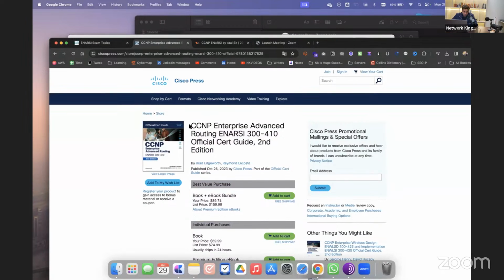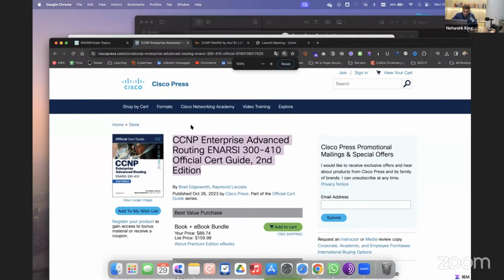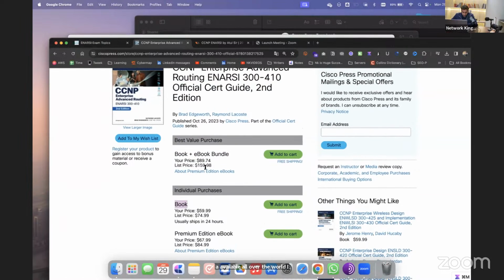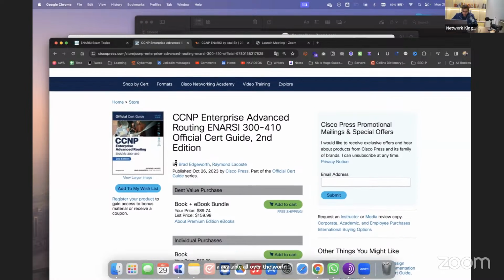This is the latest book, and it is not available in hard copy. Only PDF is available all over the world. I think in the USA you can buy it, but you do not have to pay this $90. I'll buy it for this batch.